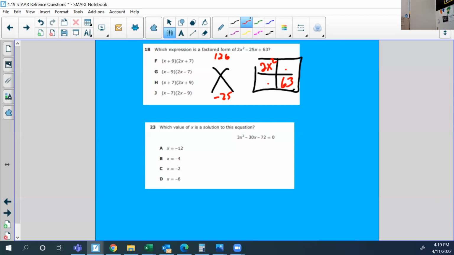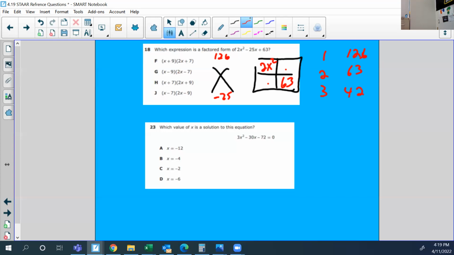Okay, we know we're going to have 1 and 126. 2 is a factor because it ends in an even number. So 2 and 63. 3 is a factor. So 3 into 12 goes 4, and 36 goes 2. 4 is not a factor.